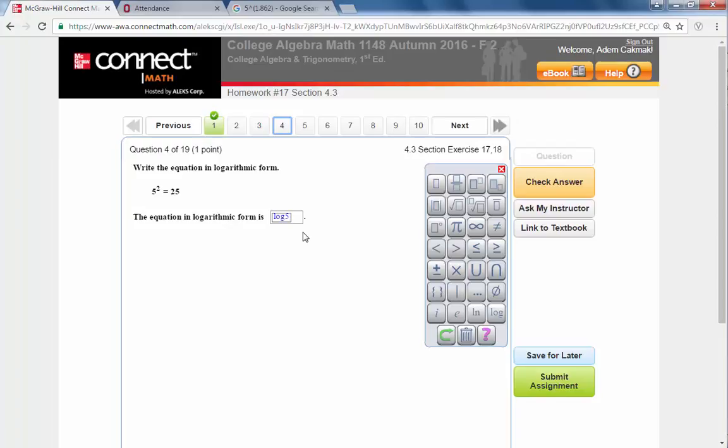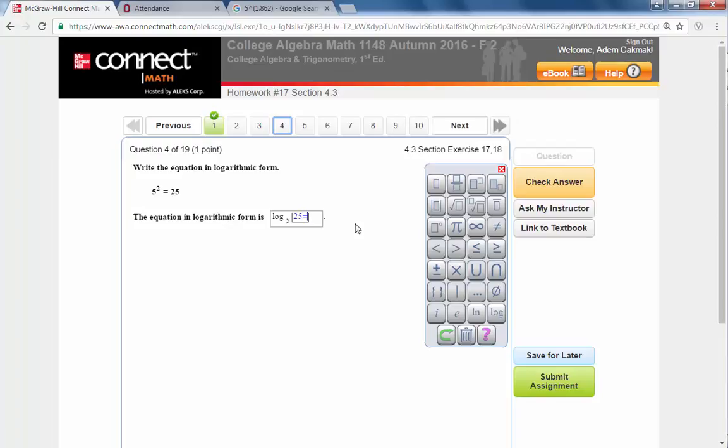You need to send this to subscript here by doing this, okay? Or shift underscore also works, okay? This, or on the keyboard shift underscore, that was 5. And to go up again, hit the right arrow key, and put 25 in there.